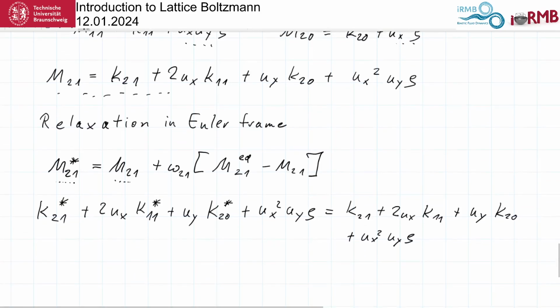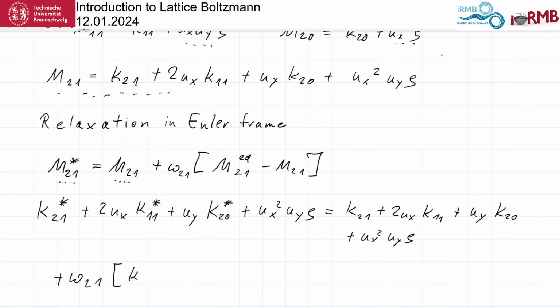Okay, so all of this was just the pre-collision state, and then we have to replace everything else. As I said, there's a lot to write here. So it's omega M21. Here comes the equilibrium.